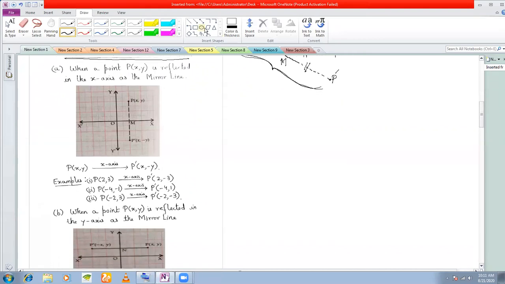What if we have the x-axis, and I take a point P, any point, let us take here, and let us say that the coordinates of this point are x, y. Now I want to reflect this point with my x-axis as the mirror.